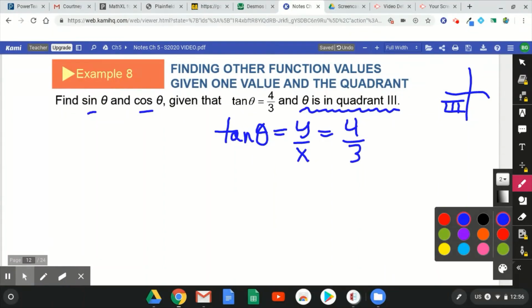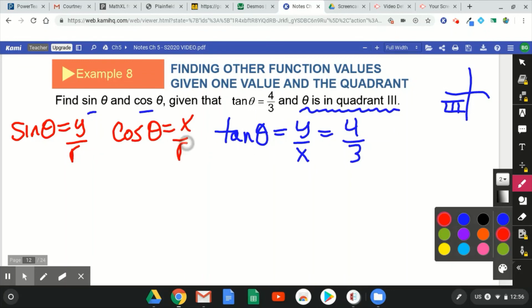So the numbers could actually be 8 and 6, or 16 and 12, all right? Just as long as it reduces down to 4/3. But we see that, and we can see that sine theta would equal y over r, and cosine theta would equal x over r.